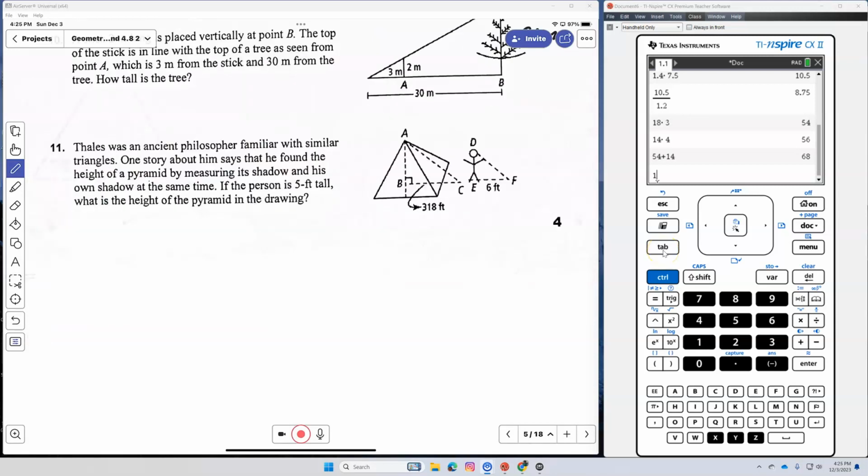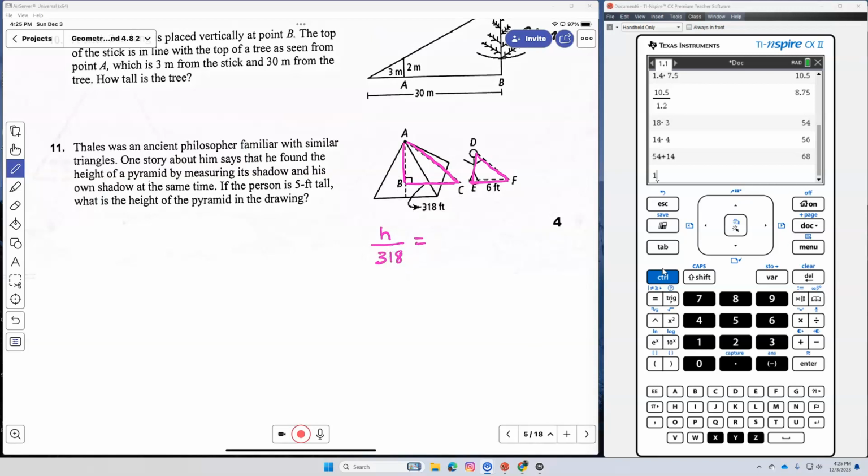So the height of the tree is 20. Thales, an ancient philosopher, was familiar with similar triangles. One story about him says that he found the height of a pyramid by measuring its shadow with his own shadow at the time. So you can see here the two triangles, and they are similar. We know that the height of the pyramid is unknown. We know the distance from B to C is 318.